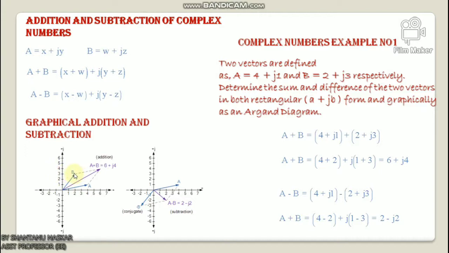Okay, so if we make this addition, then a plus b equals 6 plus j4. So 6 plus j4. Like this, the subtraction, a minus b equals 2 minus j2.